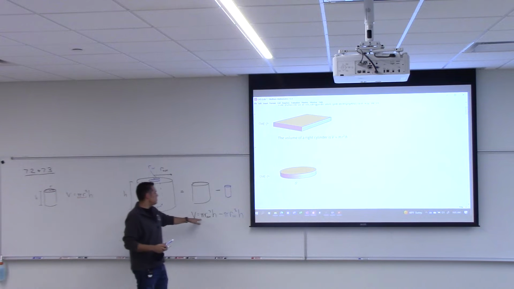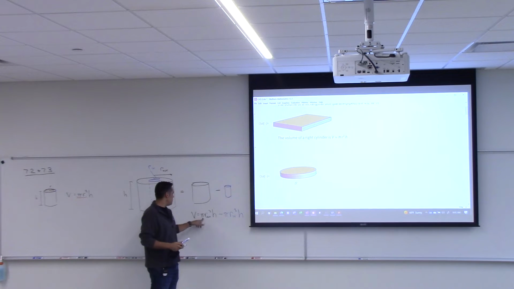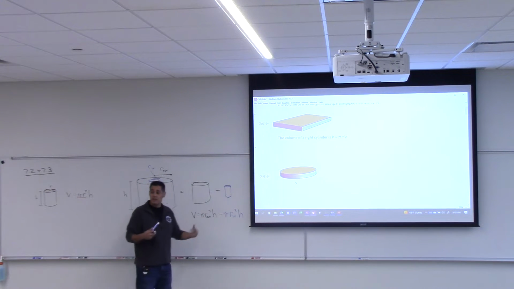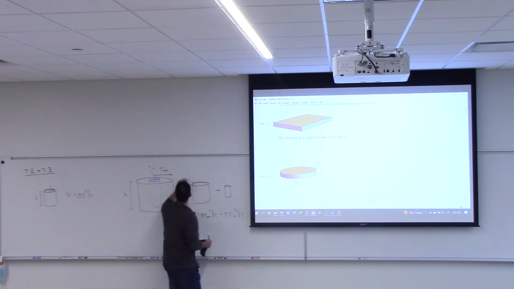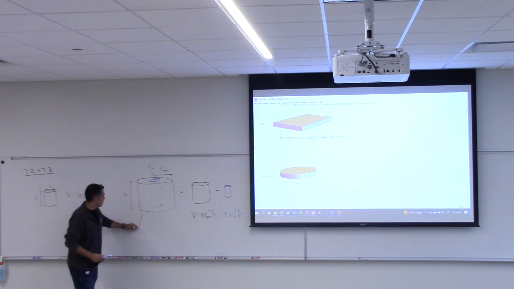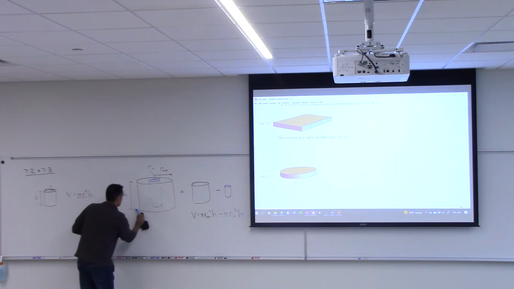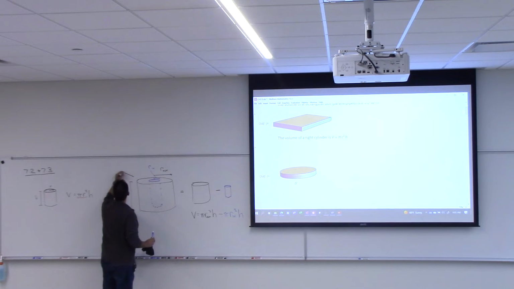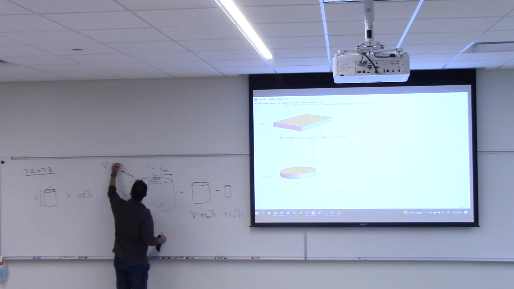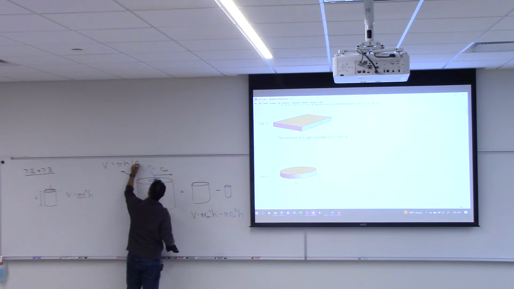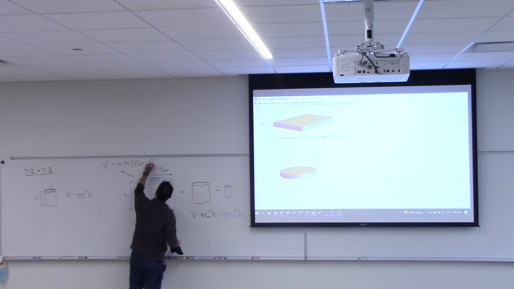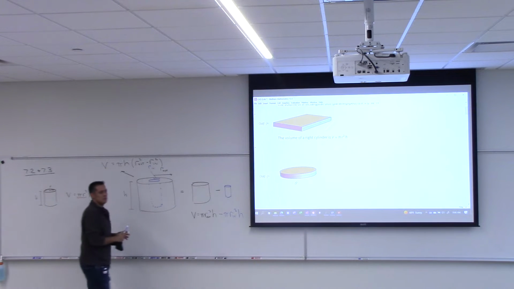There are some things these have in common. These both have a pi, these both have an h, so let's factor those out. This volume would be pi times h times R out squared minus R in squared.